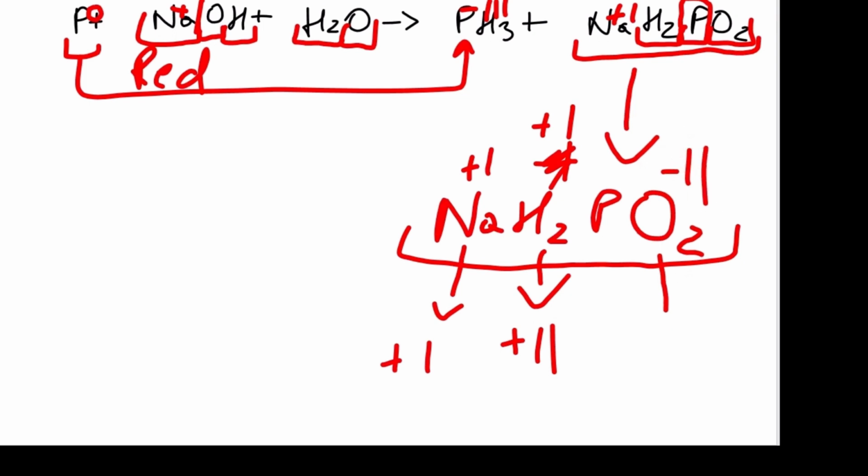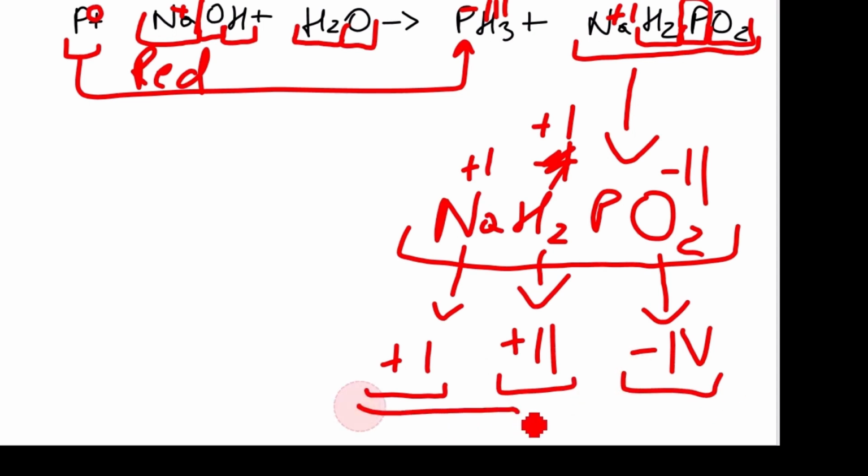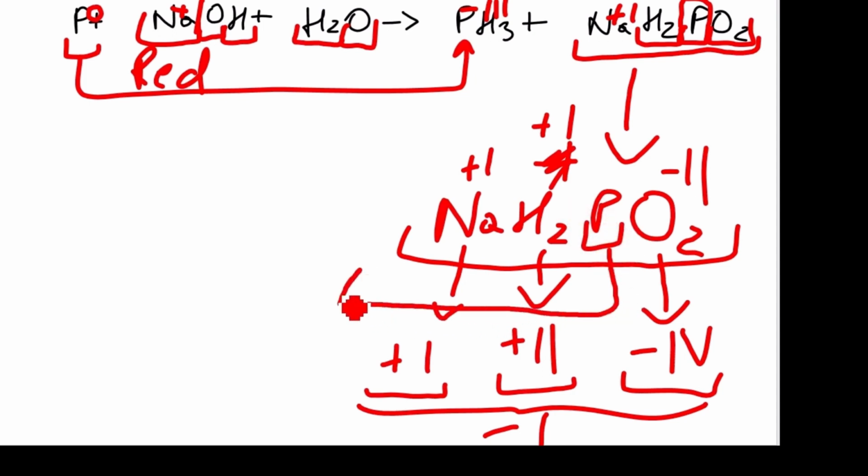Oxidation state of oxygen is -2, from two atoms gives us -4. +1 +2 give us +3, and -4 gives -1. So the oxidation state of this phosphorus needs to be equal to +1.